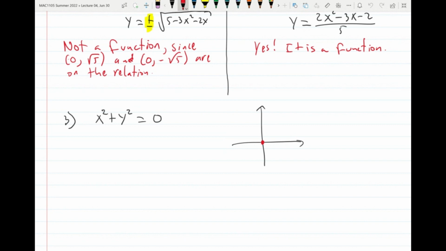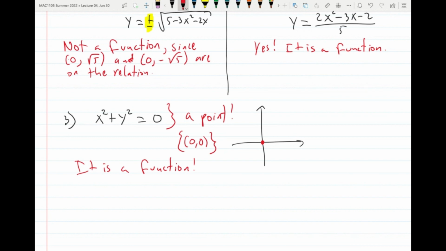So this is a function, even though the y shows up squared. This is a point, namely 0, 0. As a relation, it is a function, because it satisfies the condition that each element in the domain has only one element in the range.